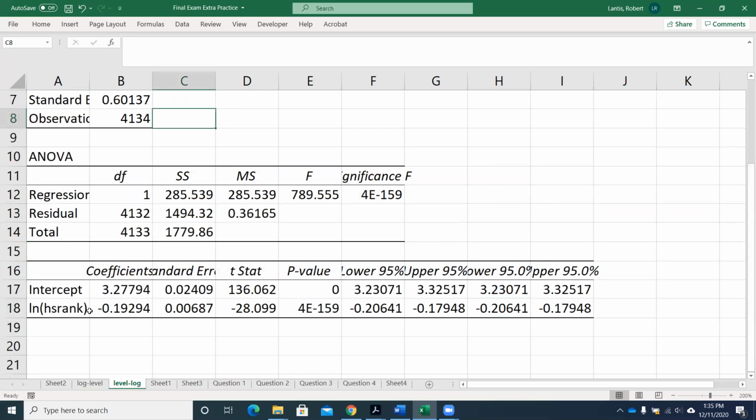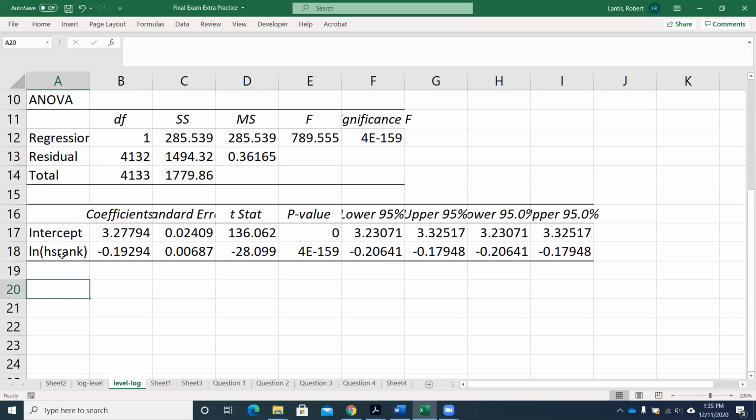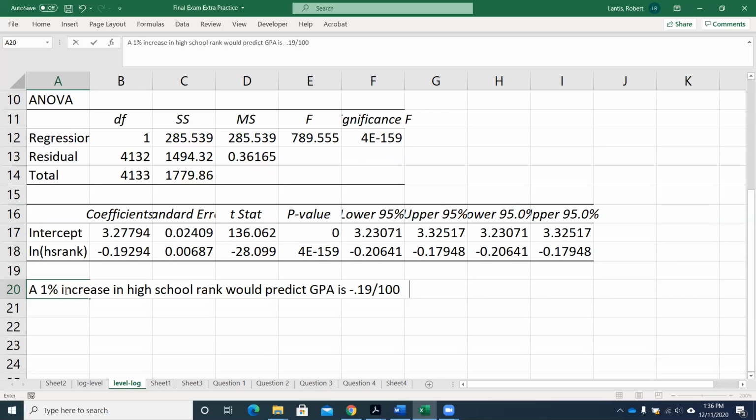And then for the level log model, now our x variable is the natural log of it. So now instead of a 1 unit increase, it's a 1% increase in high school rank. That would predict GPA is negative 0.19 divided by 100, or 0.0019, sorry.